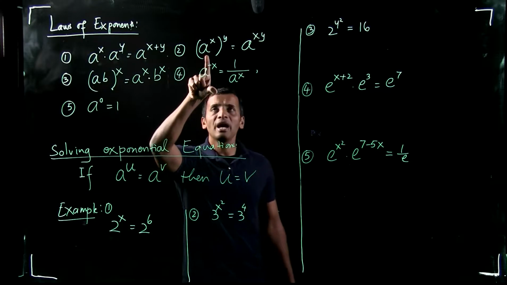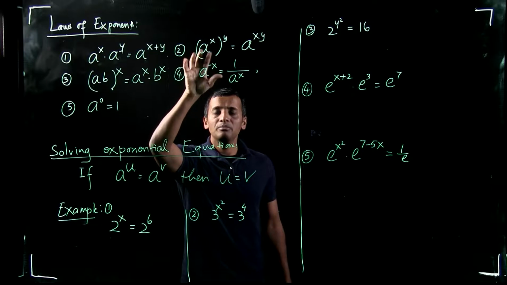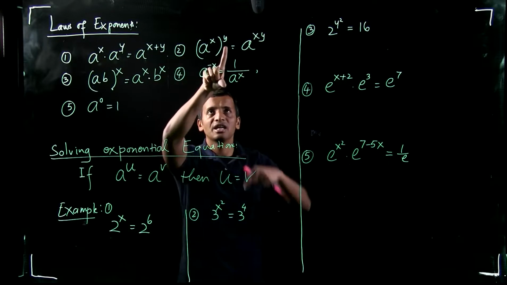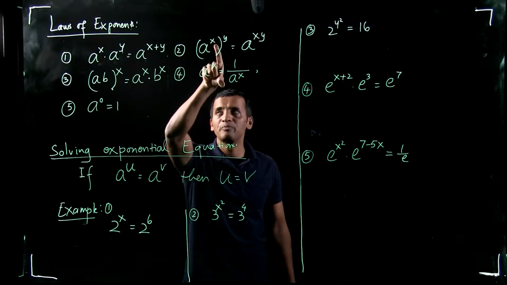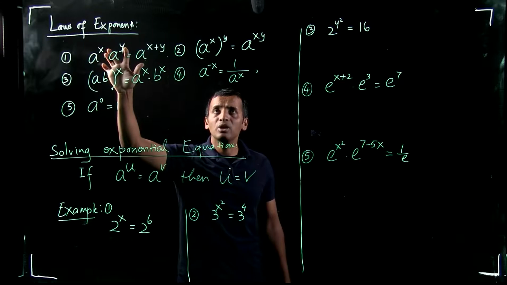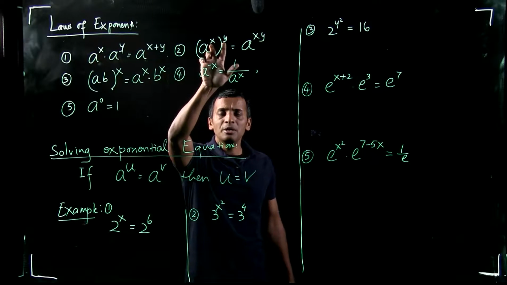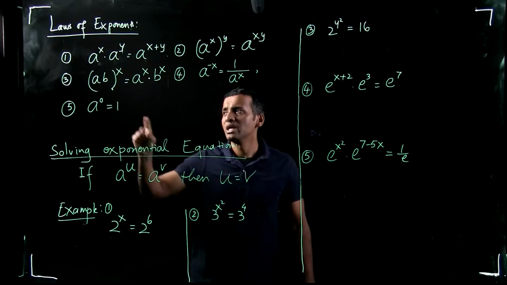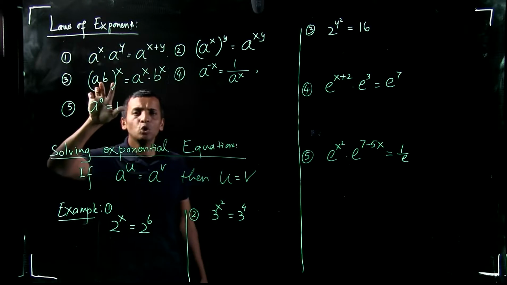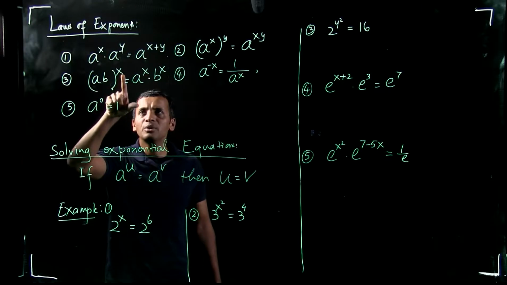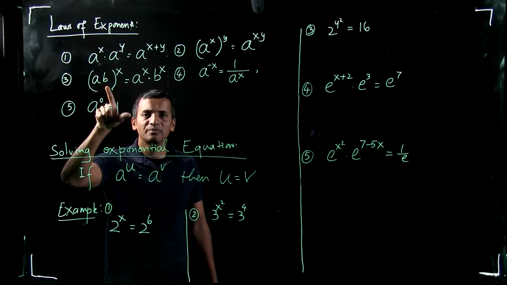And if you have a base to some exponent and then outside there is another exponent, you multiply the exponents. So if the bases are multiplied, you add the exponents, but if the exponent is raised to another exponent, you multiply the exponents. Next, if there are two bases multiplied together with a single exponent, then you can distribute that exponent.